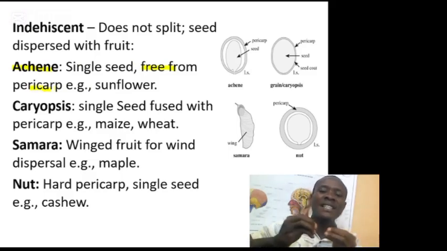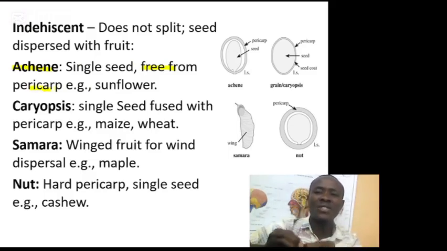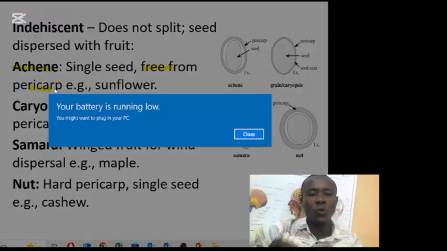That means the seed is not attached to the seed coat. It is free from the seed coat.